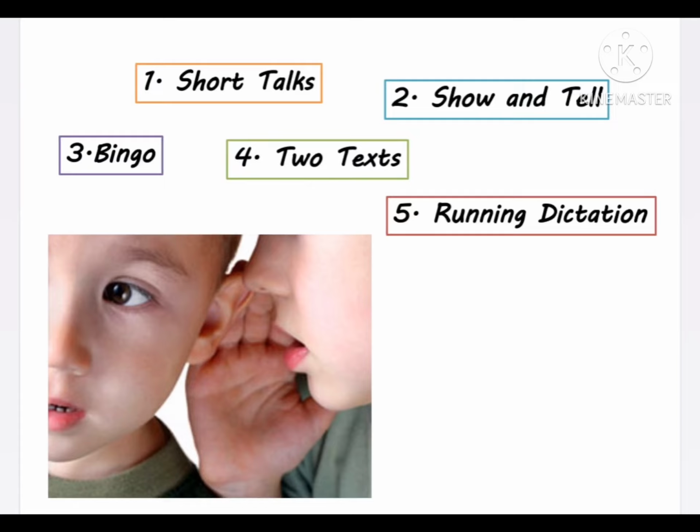Last is running dictation. This useful activity requires students to use all four language skills: reading, writing, listening, and speaking, and if carefully planned and well controlled can cause both great excitement and exceptional learning. For example, pair students up, choose who will run and who will write. With this type of activity, the child can participate and show his or her skills by reading, writing, listening and speaking to his or her classmates.